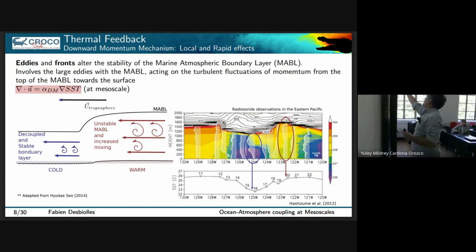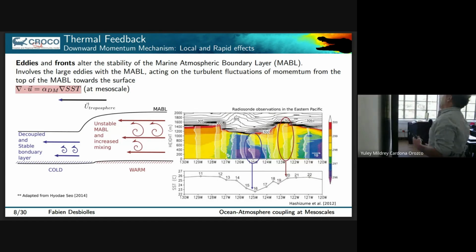That implies that if my first arrow is surface winds, so winds at 10 meter height, there is stronger wind over the warm side of the front, and so less wind on the cold part of the front.